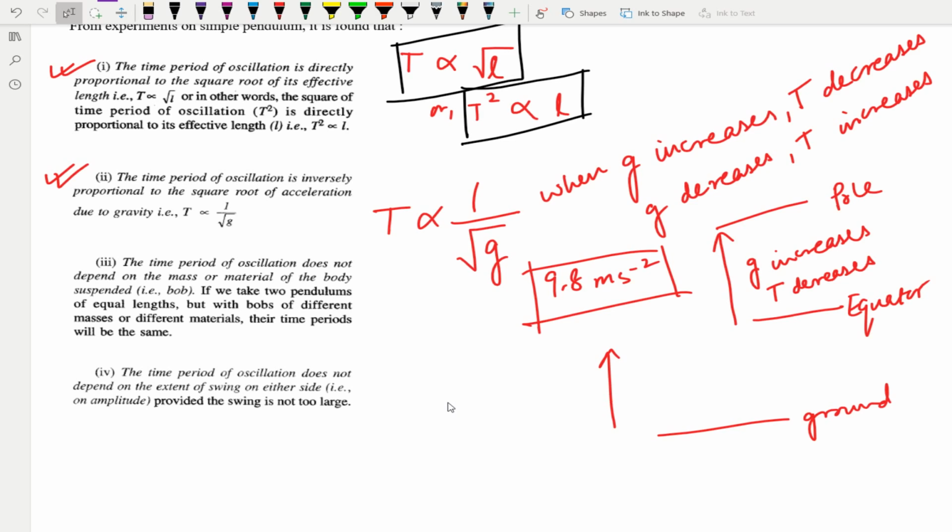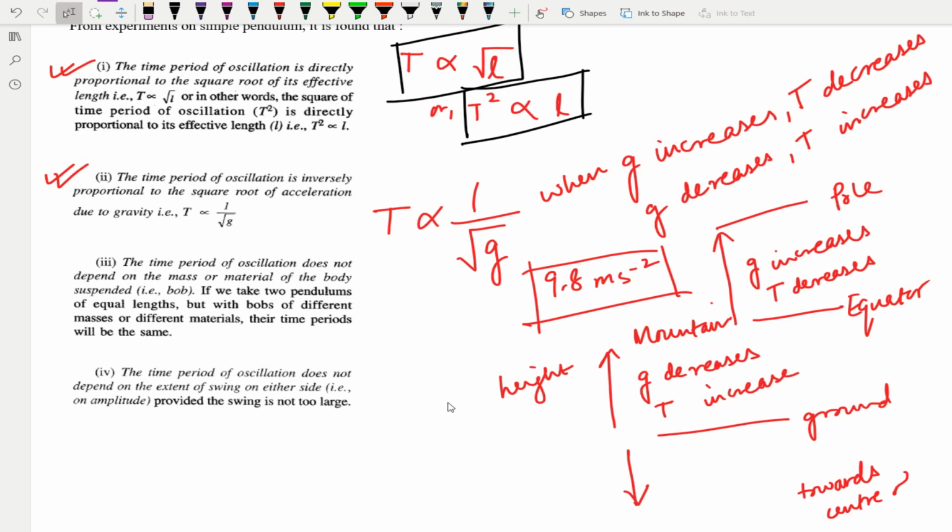Similarly, suppose you are on the ground and you take the pendulum to a certain height, that means to a mountain or a hill or any place at height. g decreases with height, so what will happen? T will increase. Similarly, if you go below the ground, towards the center of the earth, g again decreases, so T will increase.